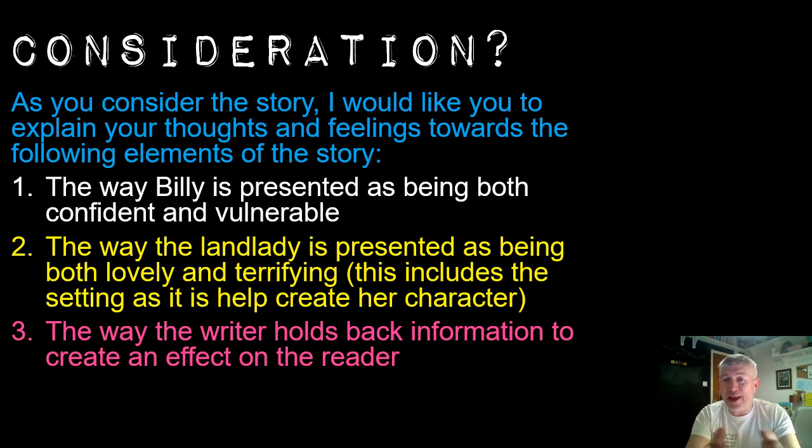The way the story ends is not conclusive, so the writer is expecting the reader to do quite a lot of work at the end to finish it off. But how has the writer built up to that? How has the writer created that structure so that we know how the story ends, even though we're not shown it or even told it? We are able to work out what's happened to Billy at the end of the story.